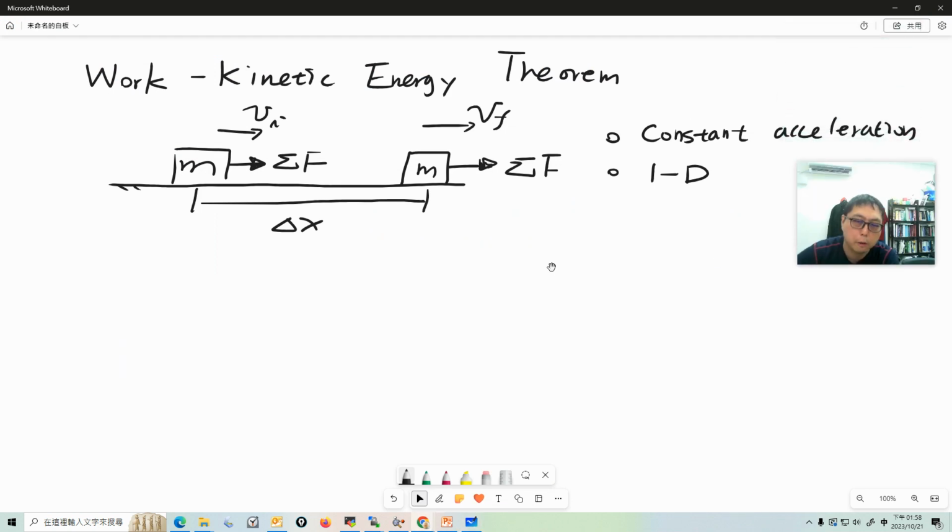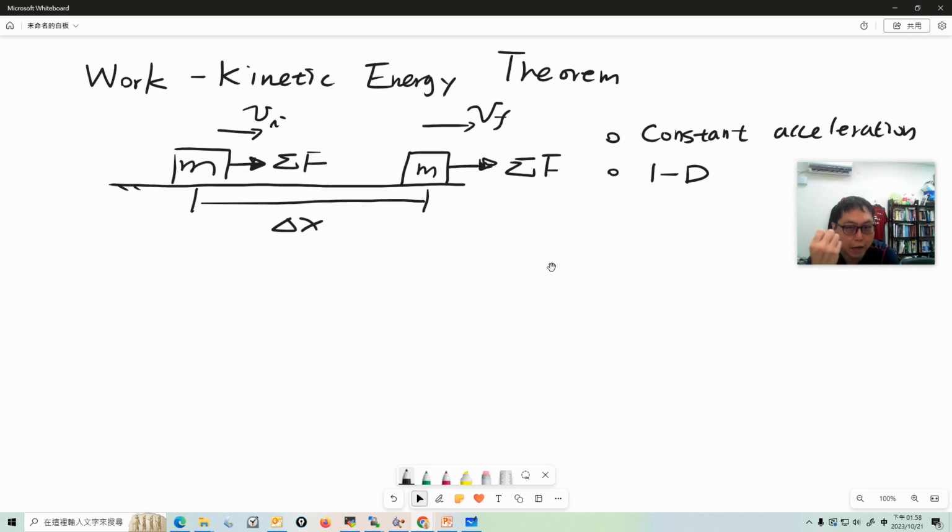Let's use what we learned in constant acceleration motion in chapter 2. We use constant acceleration motion and also assume 1D motion to prove the work kinetic energy theorem.